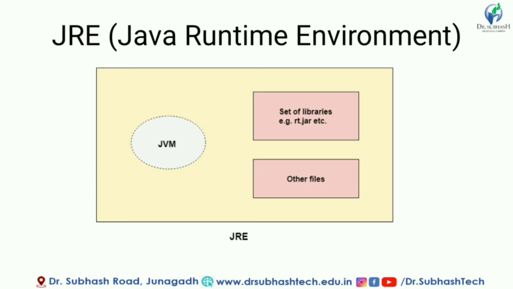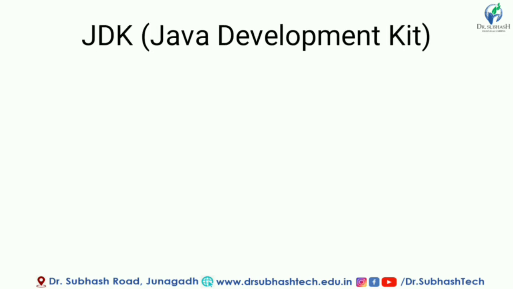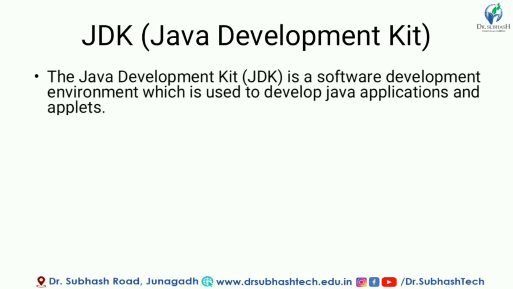Then we will see the JDK. JDK means Java Development Kit. The JDK is a software development environment which is used to develop Java applications and applets. Right? We have seen the JRE consists of the various libraries and JVM here, and here JDK consists of the various development tools which will be helpful for developing the Java applications and applets.